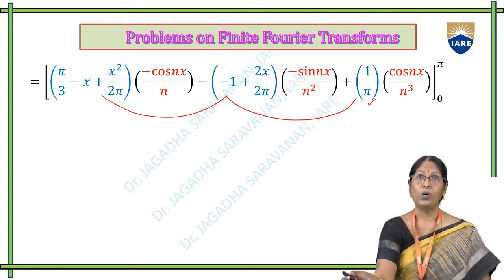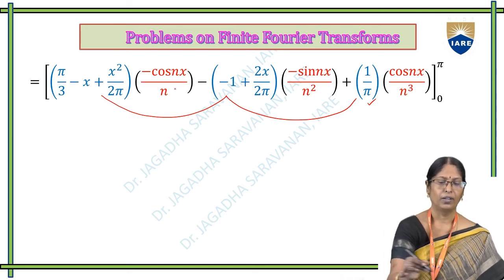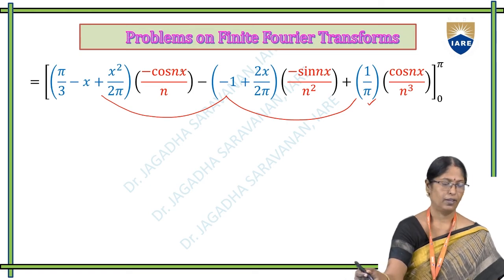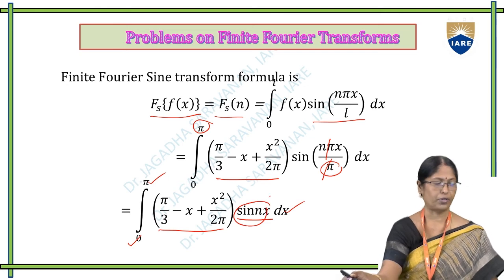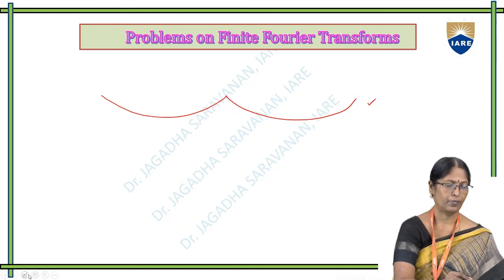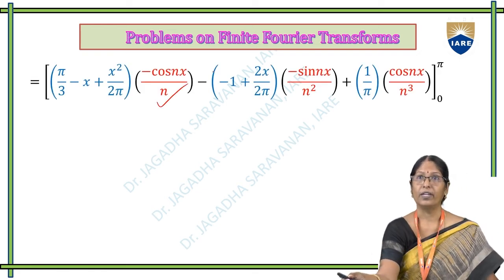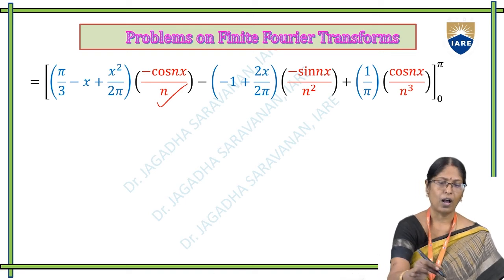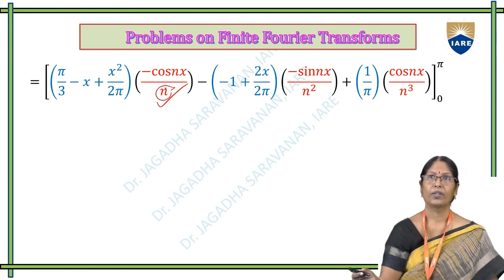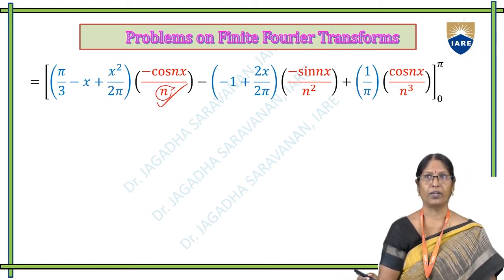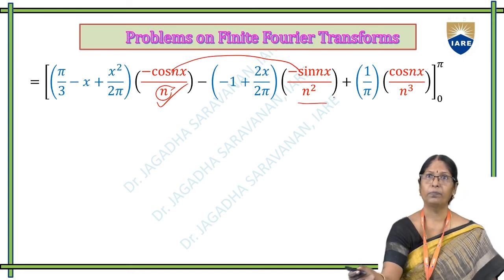Next, ours is sine nx, the trigonometric term, and we will do the integration. The integral of sine nx is minus cos nx divided by n, where n is the coefficient of x. Keep on doing the integration. How are we getting this term?